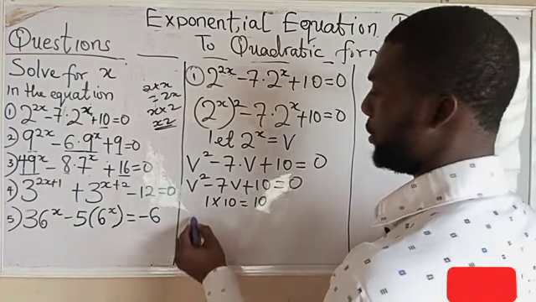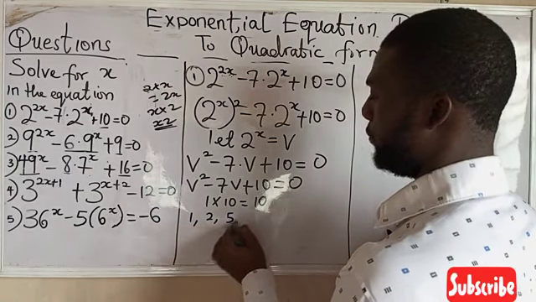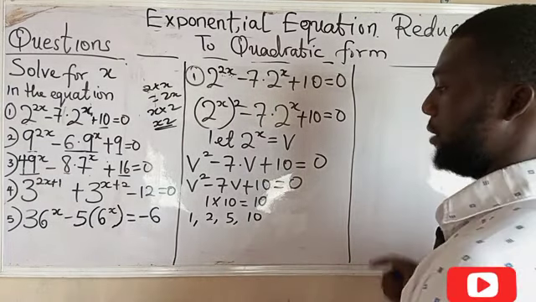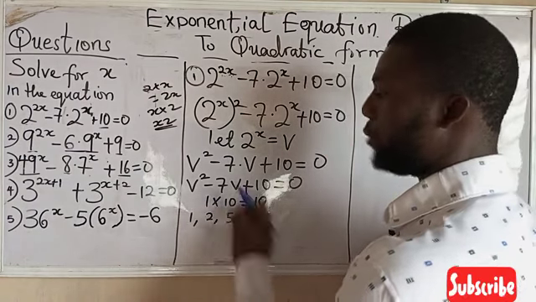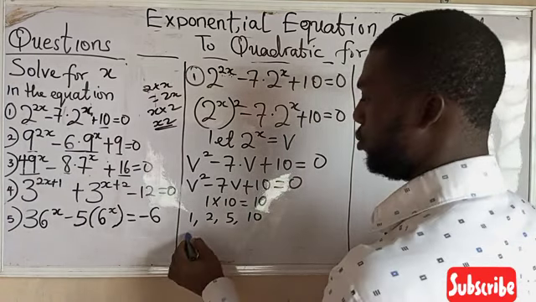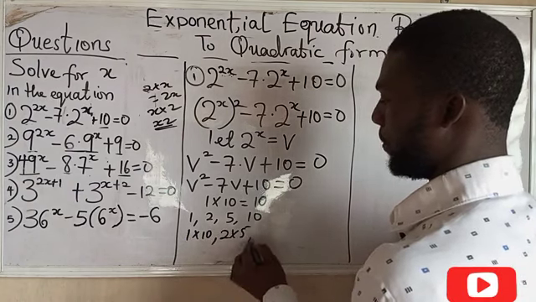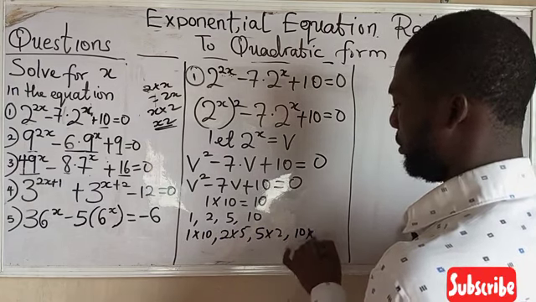The factors of 10 are 1, 2, 5, and 10. And if I want to merge the possibilities of getting 10, it's going to be 1 times 10, 2 times 5, 5 times 2, 10 times 1.